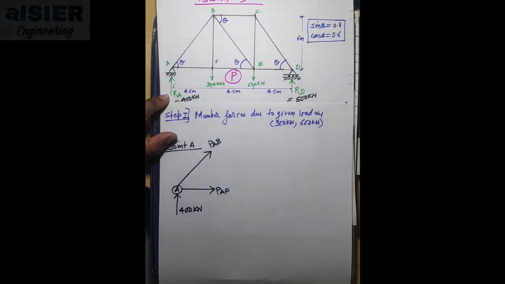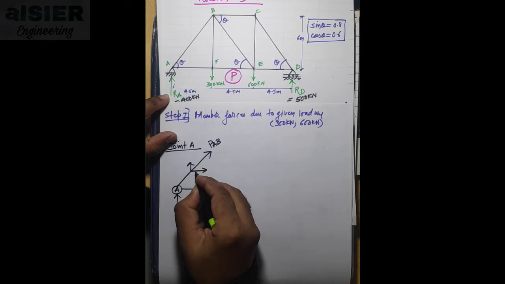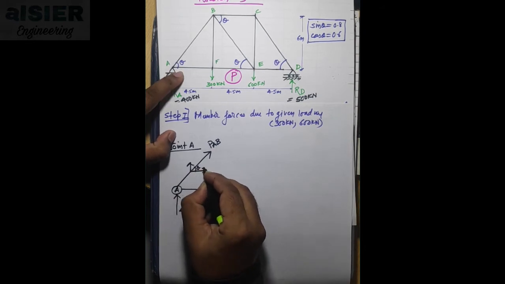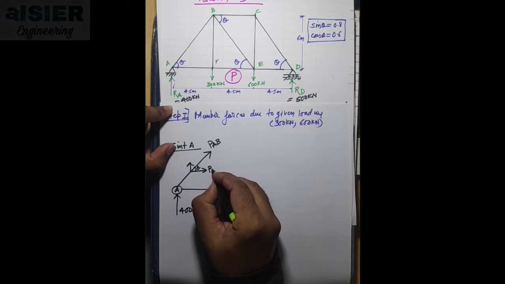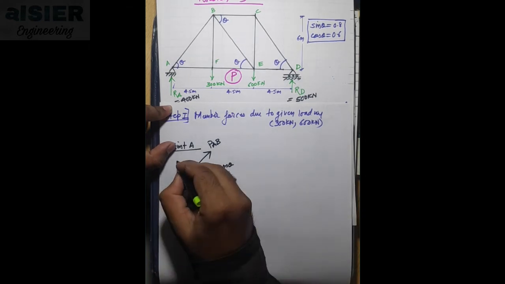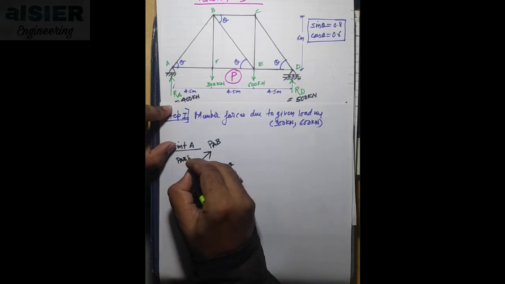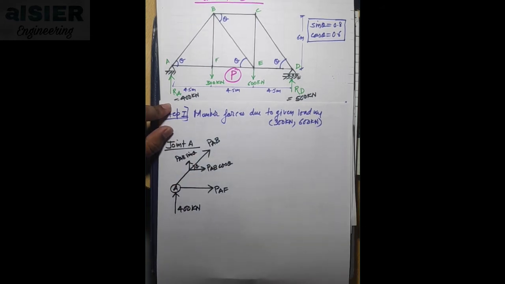Now it will get resolved into two components. We know theta with horizontal, so this is PAB cos theta and this is PAB sin theta.